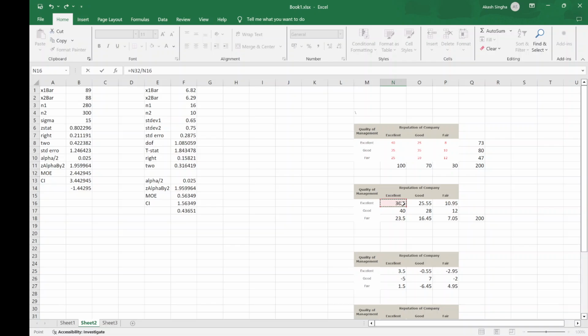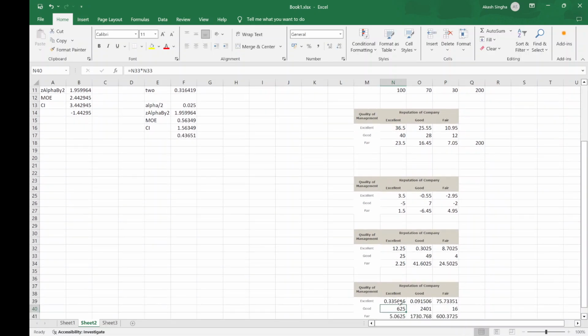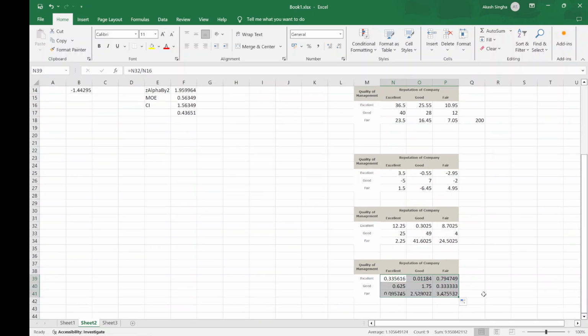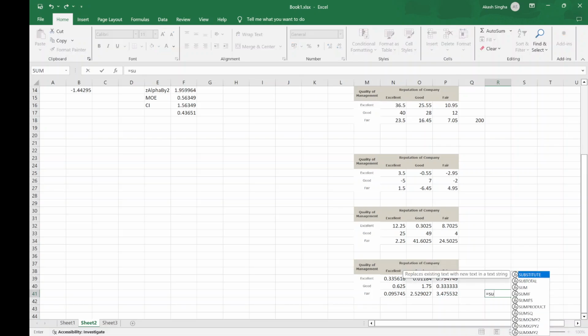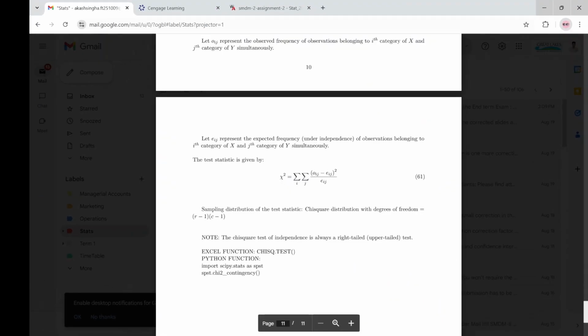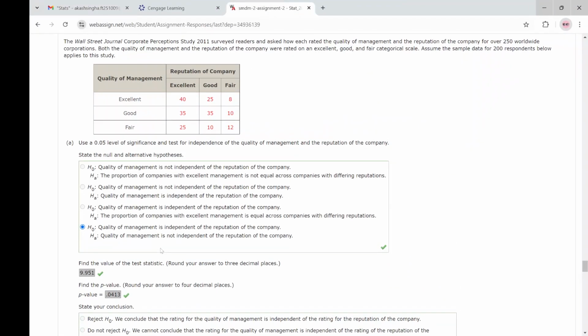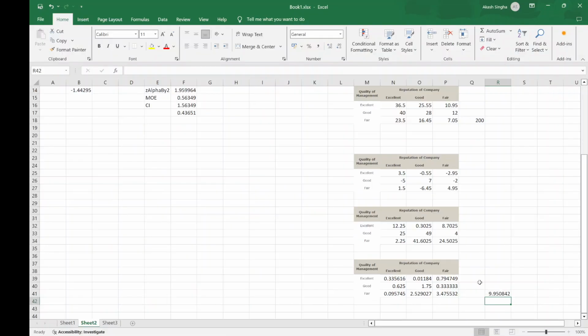Expected one is this one. Yeah. So like that, do it for all, and then sum this, 9.95. I think yeah, this one is the value, and for the p value it is chi-square.